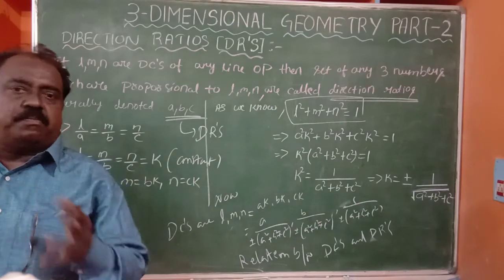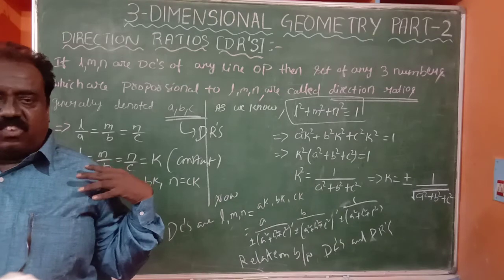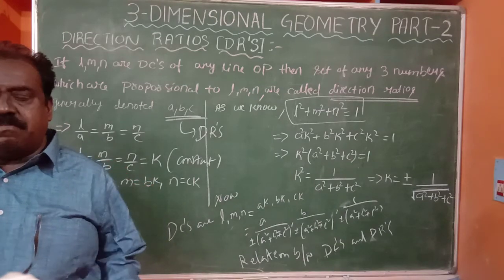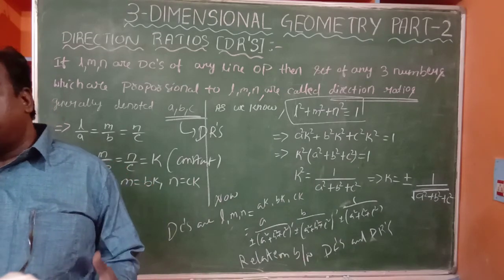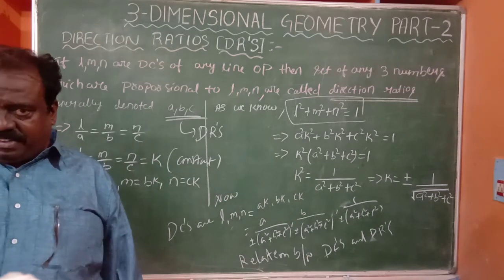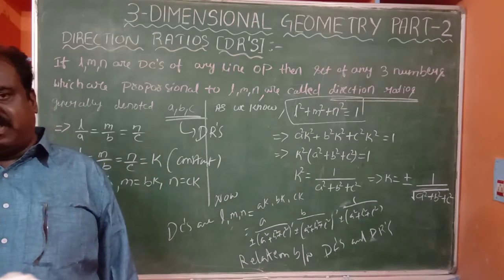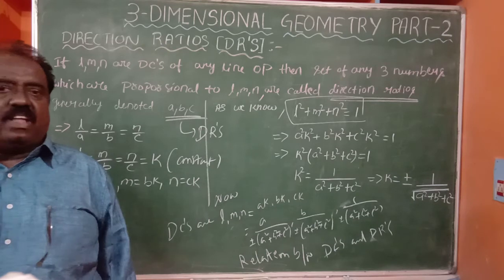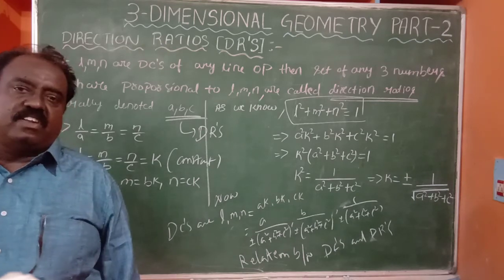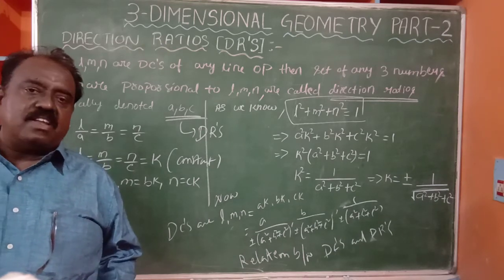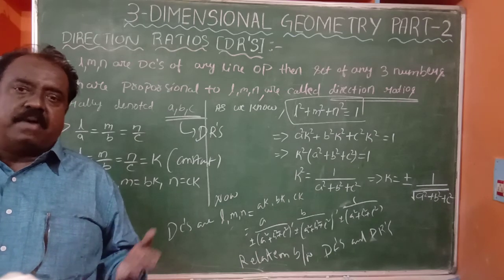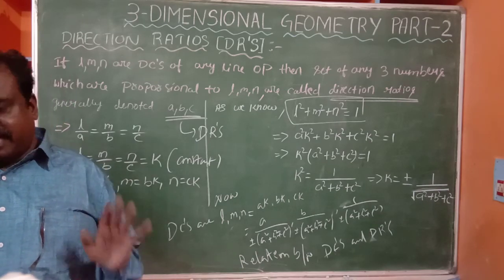Then cos alpha, cos beta, cos gamma are the DCs, the direction cosines, with notation L, M, N. Then DRs are nothing but a set of three numbers proportional to the direction cosines, which are generally denoted by A, B, C.